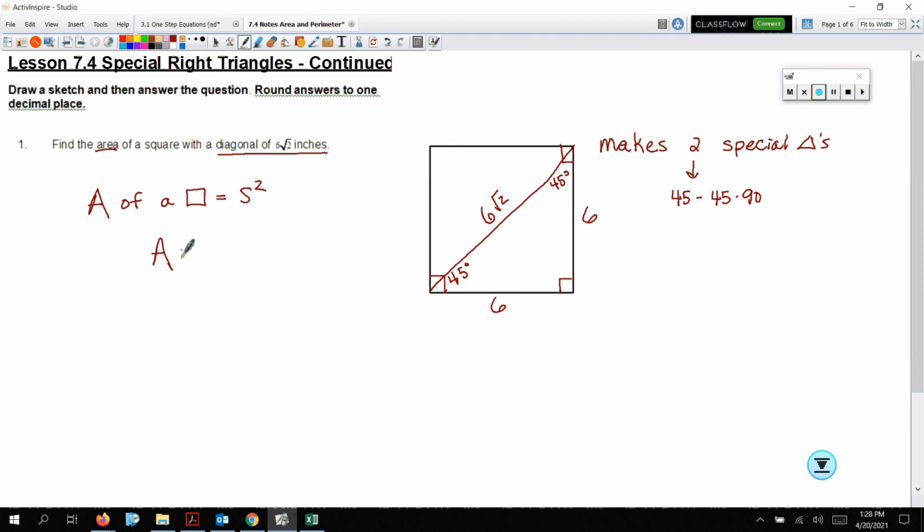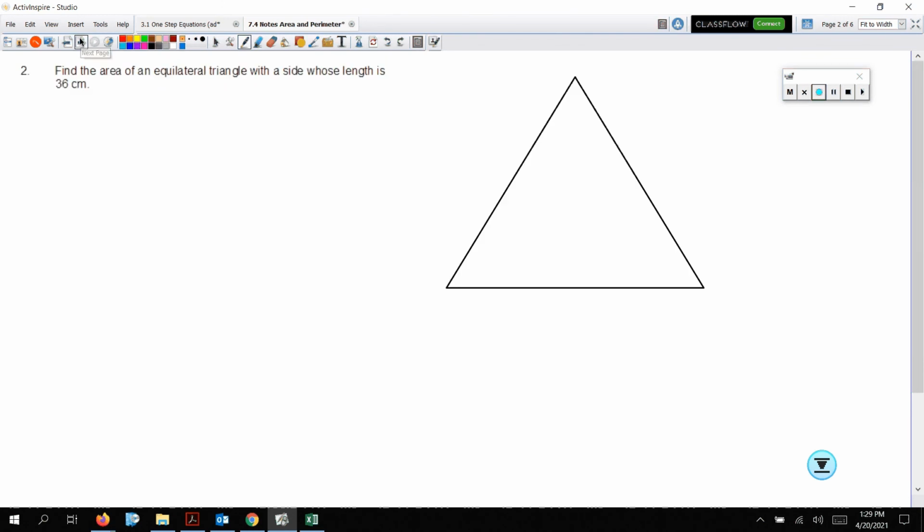So area is 6 squared, and that's going to give us 36. Whenever you're finding the area, it's always units squared. So the units here are inches. This is going to be 36 inches squared. That would be the answer, okay? So when you split a square over the diagonal, you make 2 45-45-90 special right triangles.